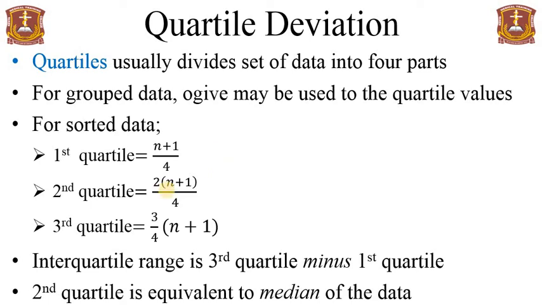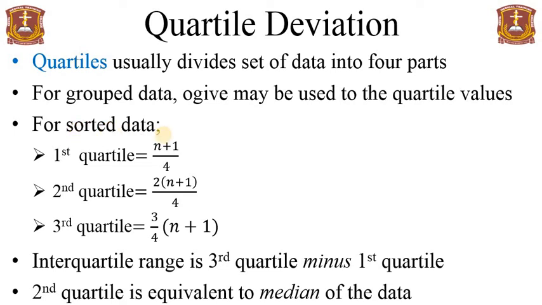The second quartile entry is obtained by doing 2 over 4 of the total entries plus 1. So that is 2 into n plus 1 over 4. The third quartile, or what others call upper quartile, is 3/4 of the n plus 1, where n is the number of entries we have in the sorted data. Remember, the data need to be sorted. That is very important. So don't ignore this if you're talking about individual entries which are not grouped.